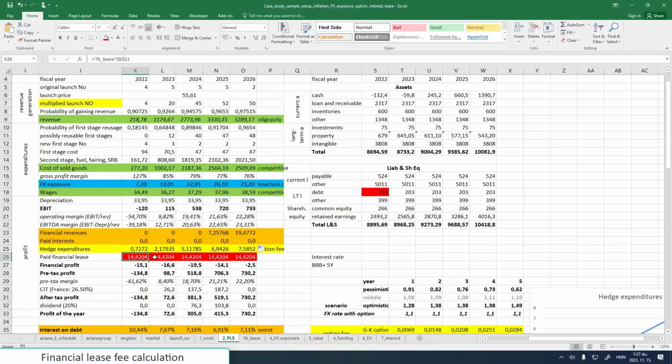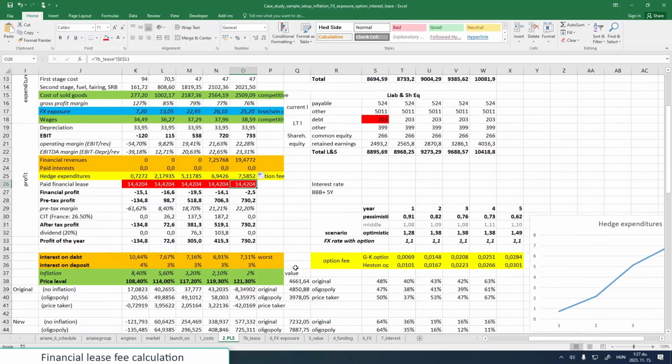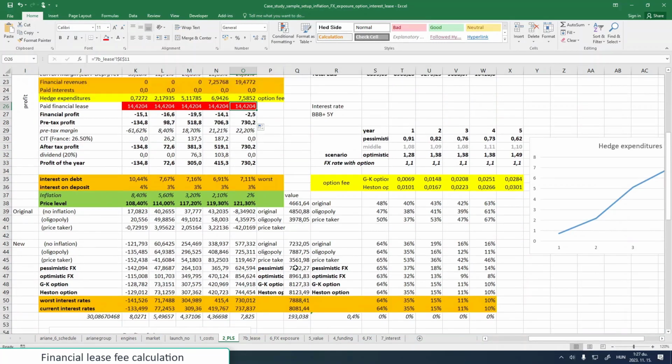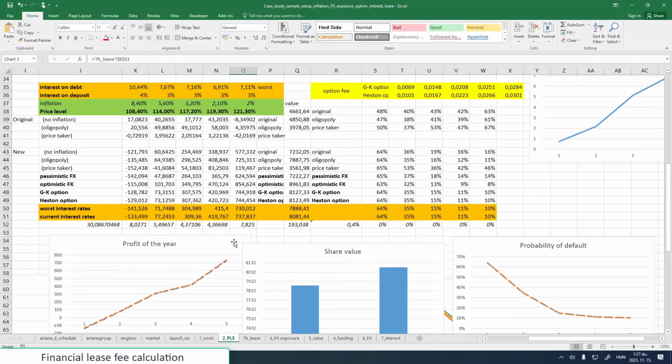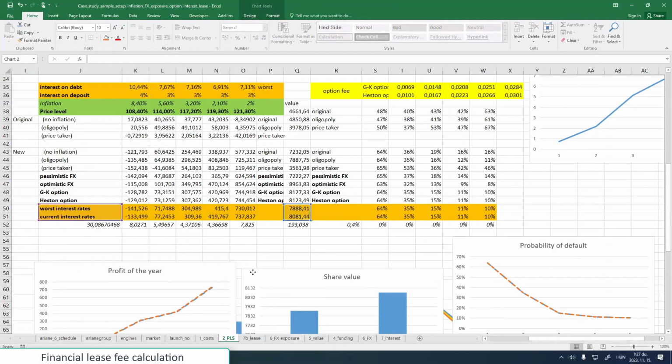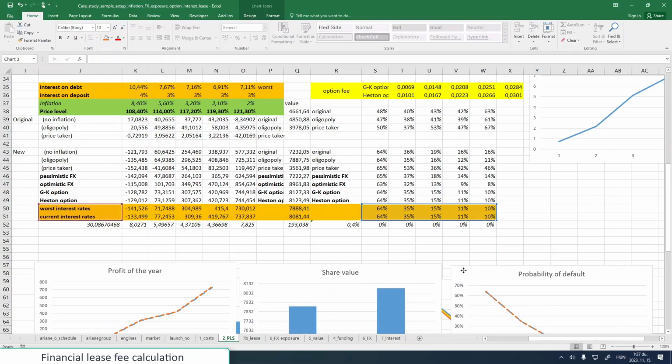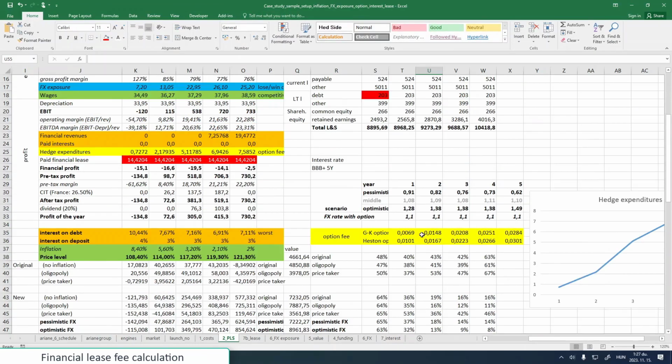What we had to modify is that the financial lease must be included. And now let's see how our operations are affected by this.